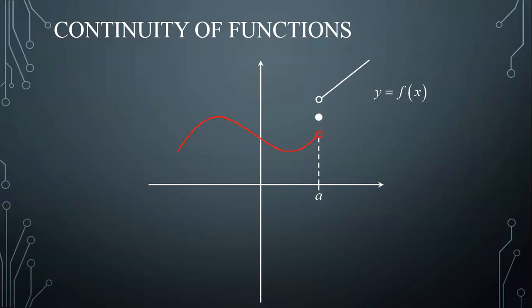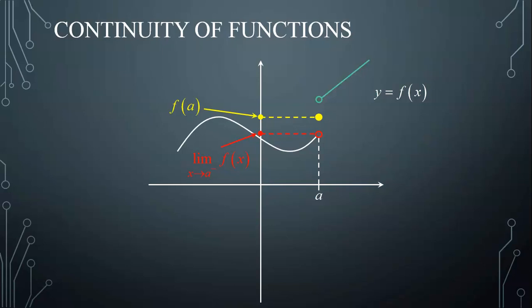Now, this part of the curve, which is located to the left of x equals a, on this part of the curve, the point of abscissa x equals a has a y value equal to the limit of f of x when x approaches a from the left, while the full dot defines the image of x equals a by f, which we define by f of a.